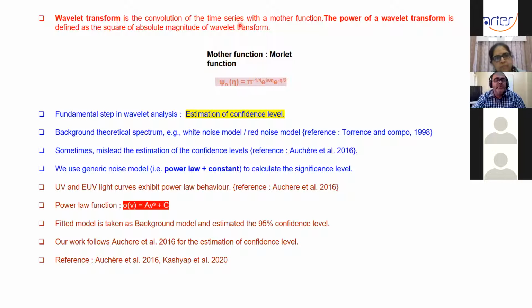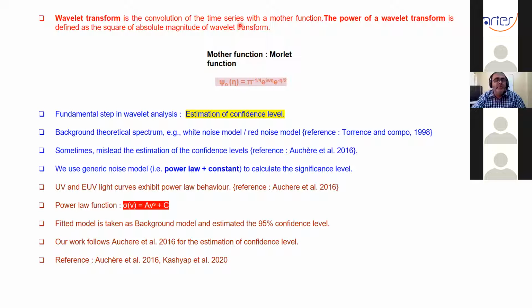First, I would like to explain what the wavelet transformation is. The wavelet transformation is the convolution of the time series with the mother function. We have used the Morlet function as the mother function, given as psi_0(eta) = pi^(-1/4) e^(i omega eta) e^(-eta^2/2). Basically, the Morlet function is a plane wave modulated by a Gaussian function.